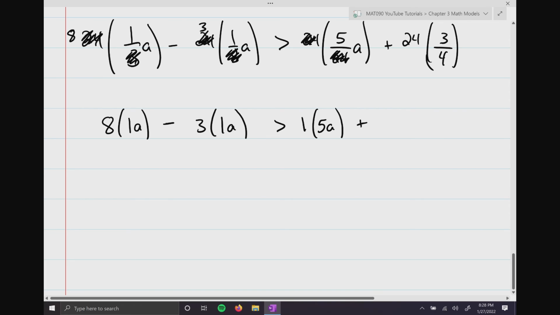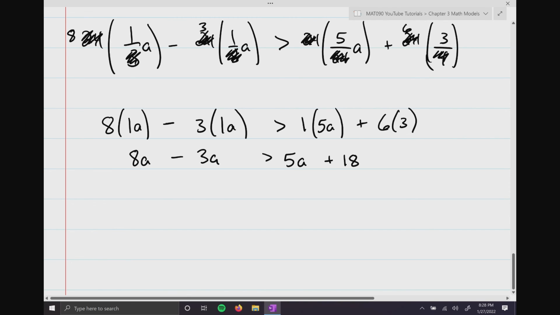Copy down the plus sign. Finally, we have 24 divided by 4, which is 6, so we have 6 times 3. Now I'm going to clean this up: 8 times 1 is 8A minus 3A, which is greater than 5A plus 18.